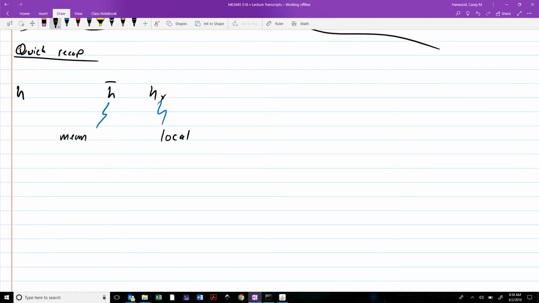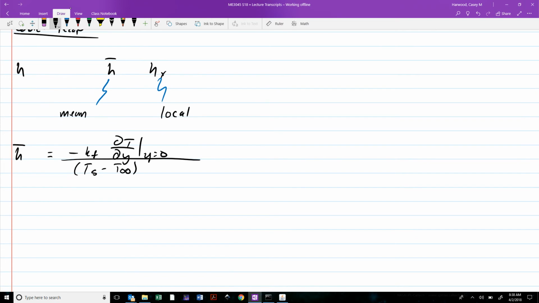In general, we said that h bar was usually the one that we chose to focus on, and we defined this as negative k_f times the partial derivative of temperature with respect to y, evaluated at y equals 0, all over T_s minus T infinity.